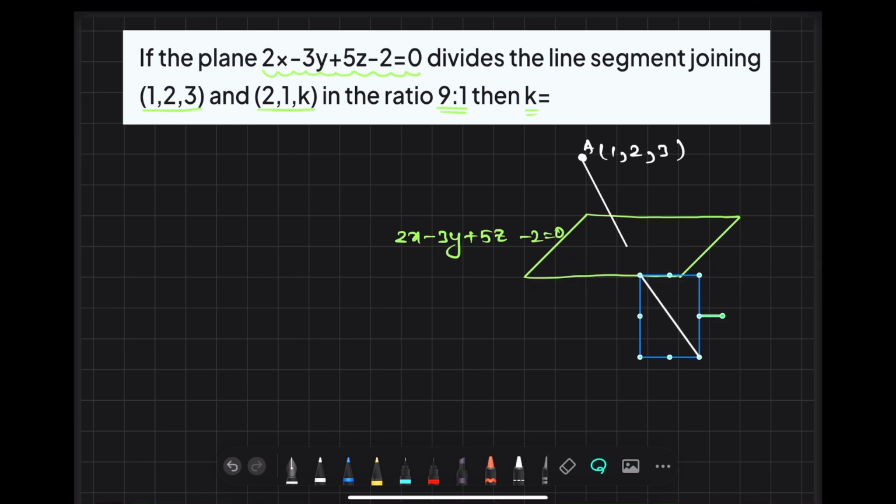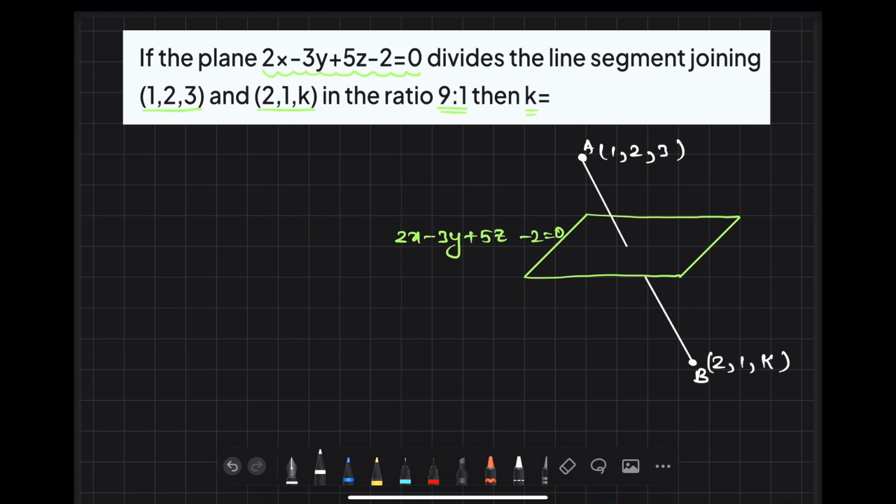Little bit more orientation should be there. Now look at this. Suppose this is another point 2, 1, k, and this is your point B.